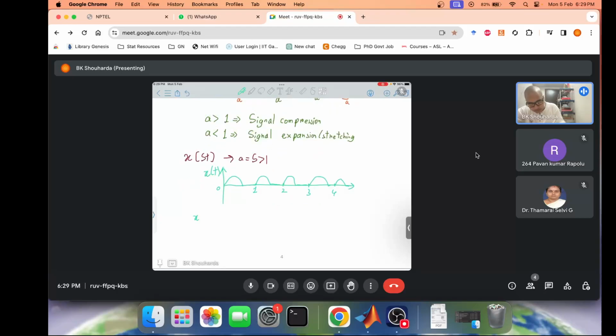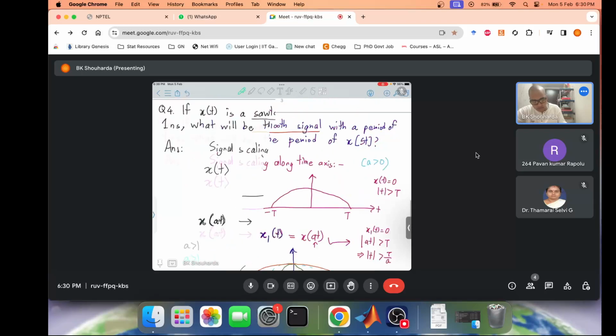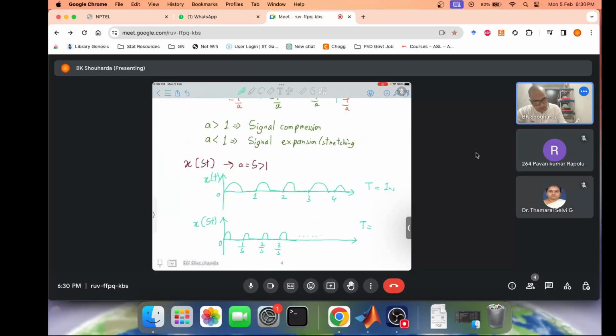Now when we make it x of 5t, what do we have? It will repeat. 1 will become 1 upon 5, 2 will become 2 upon 5, 3 will become 3 upon 5, and so on. So the period over here was 1 nanosecond, and the period over here is 1 upon 5, which is 0.2 nanoseconds.